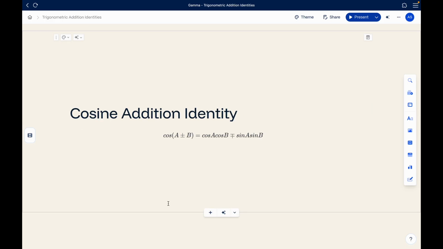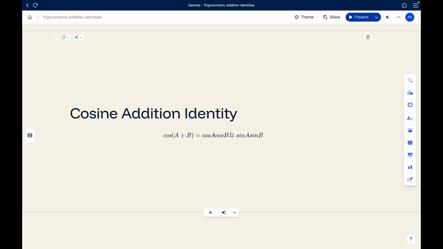The first identity that we'll cover is cosine of A plus or minus B. Cosine of A plus or minus B is equal to cosine A times cosine B minus or plus sine A times sine B. And if you didn't know, when there's a plus-minus and a minus-plus, that means if it's plus on the left side, the right side will be minus, and if the left side is minus, the right side will be plus.